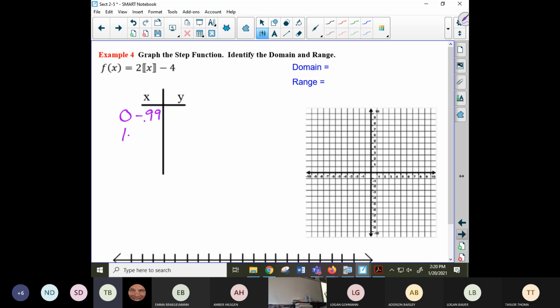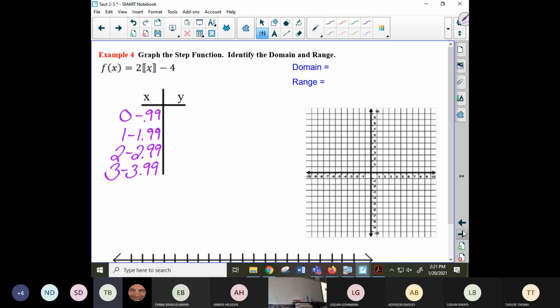Then you'd have one from 1 to 1.99. Then one from 2 to 2.99, 3 to 3.99, and so on. You want to do enough of those until you can find a pattern and continue those stairs throughout the graph.